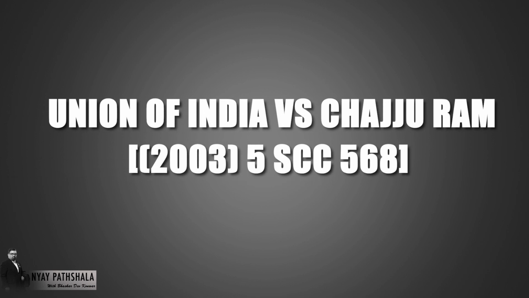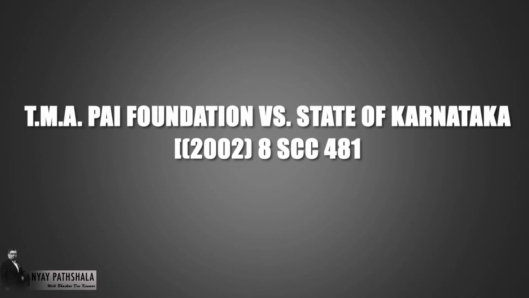A decision is an authority for what it decides and not what can be logically deduced therefrom. If you want to read it in detail, you can read the judgment of Union of India versus Chajuram, reported in 2003 5 SCC 568. The Supreme Court has laid down certain propositions in regard to how to read a judgment in the case of TMA Pai Foundation versus State of Karnataka, reported in 2002 8 SCC 481.